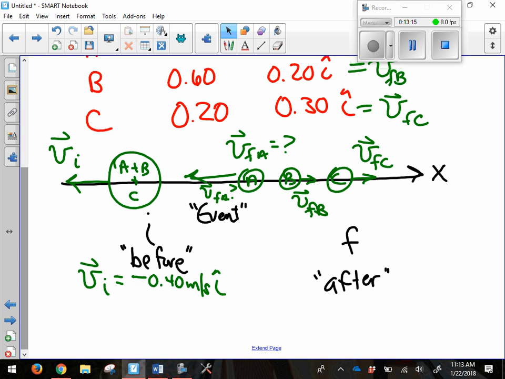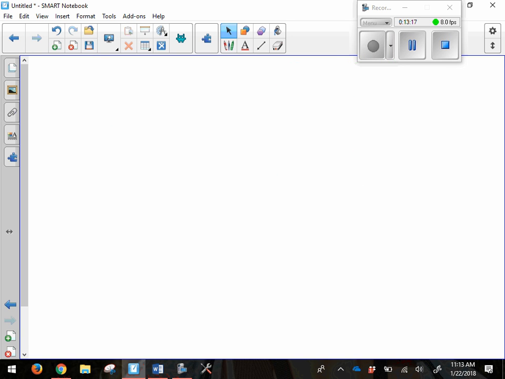Now we know that our initial momentum has to be equal to our final momentum. This is only in one dimension, so I don't have to worry about breaking it down into x, y, and z.